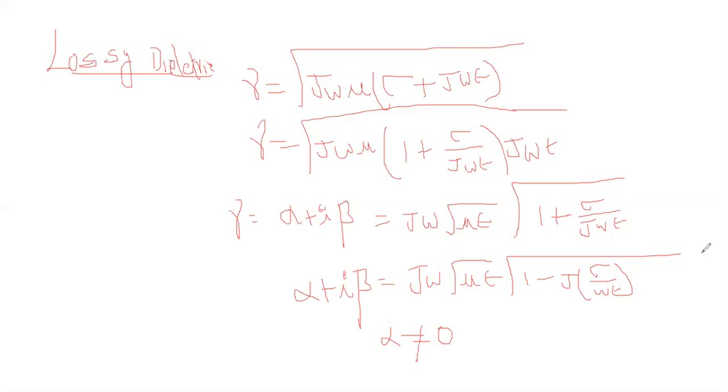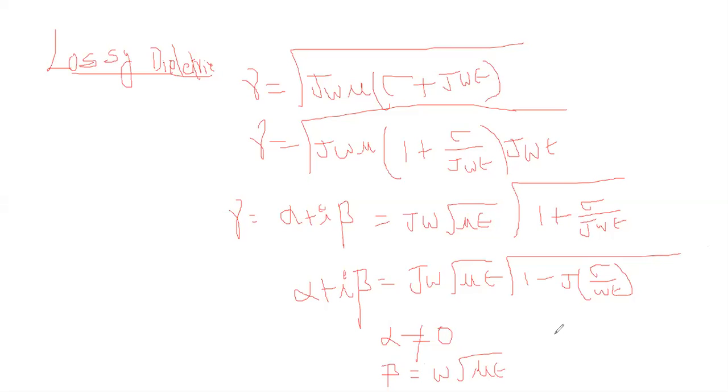That n we will get from the power. The power is 1 by 2 there under root. 1 plus 1 by 2 into the x term, which is j into sigma by omega epsilon. That is not a perfect, it's a practical dielectric. Practical dielectric. The lossy dielectric, alpha is not equal to 0 and beta becomes in a similar way omega under root of mu epsilon.